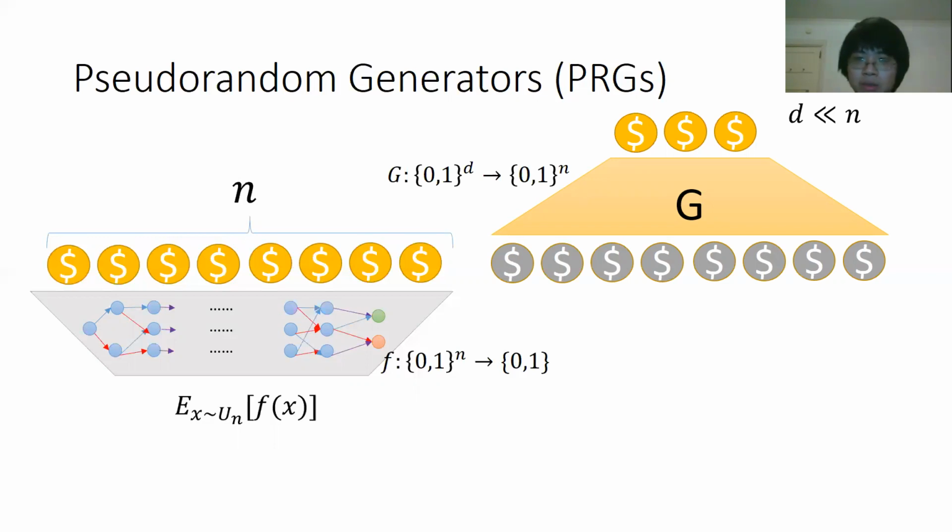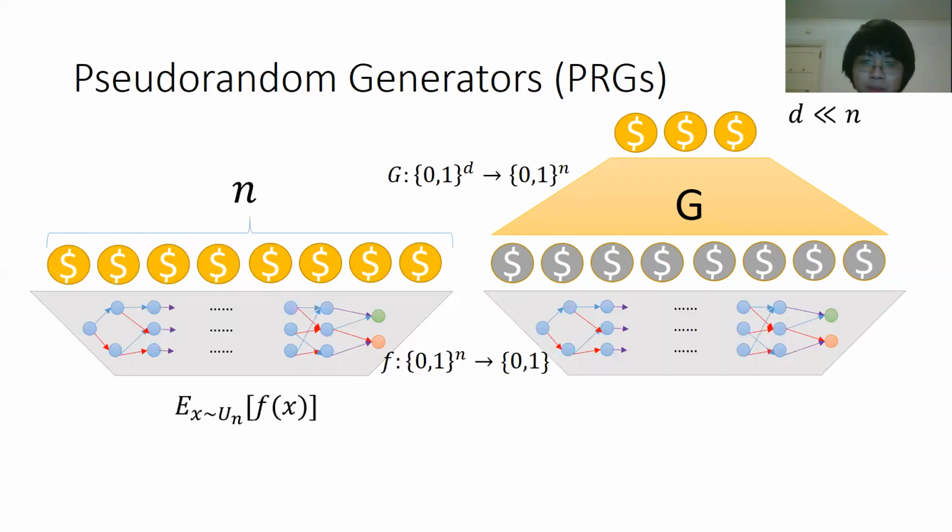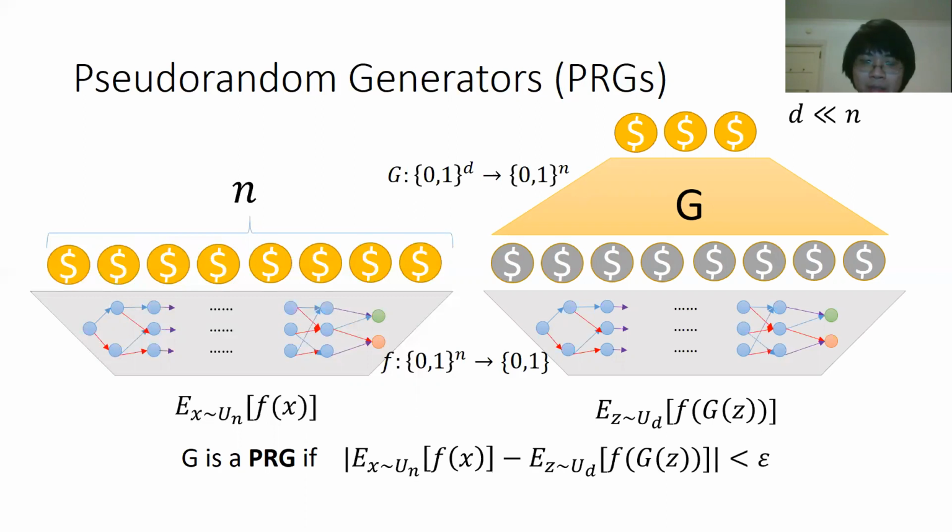Given the pseudorandom generator G, if we compute the expected value of a branching program on these fake coins, it is guaranteed that we will get a good approximation of the actual expectation of f. Ideally, we want d to be O(log n) so that we can enumerate all the possible inputs of G in log space and compute a good approximation of the expectation to derandomize BPL.